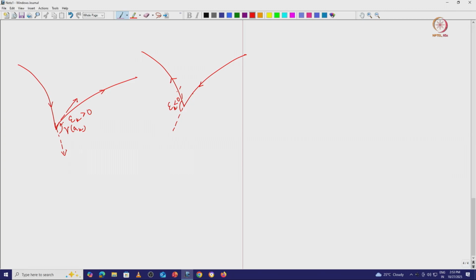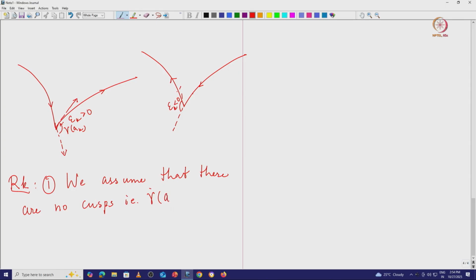Okay, so maybe a couple of remarks. We assume throughout that there are no cusps, i.e. gamma dot a_k minus should not be equal to minus gamma dot a_k plus.